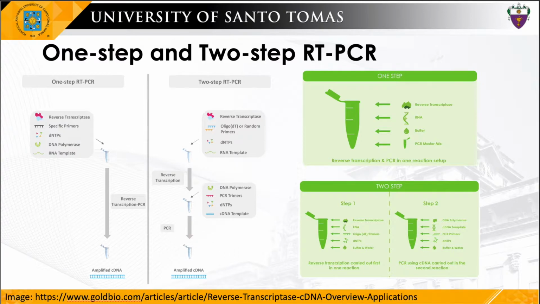In one-step PCR, the reagents of the RT and the PCR reaction, the reverse transcriptase and the PCR, are added to a single tube, allowing both reactions to occur simultaneously. So you just add them in the tube, and then all of them will undergo the procedure, and you will have your product, the amplified cDNA. This assay combines the reverse transcription and PCR in a single tube and buffer, as the name implies.